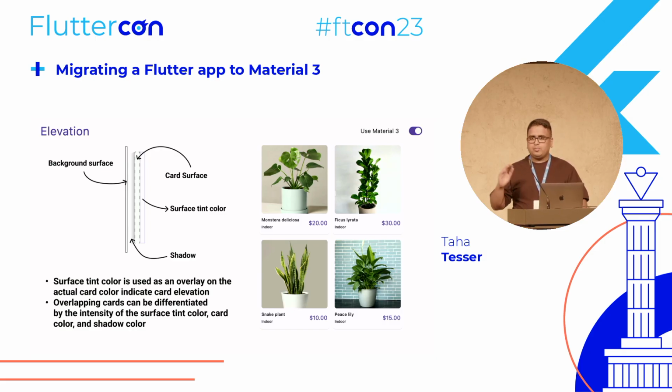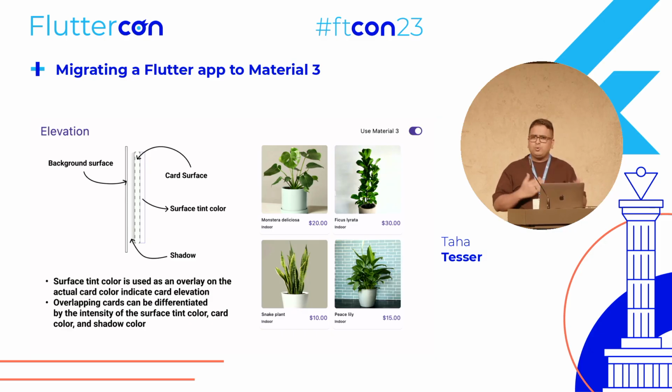Actually, in the Material 3 specs, material surface elevations are indicated by 2 factors: shadow and surface tint color. So you don't have to use shadow to indicate your card is elevated. You can also use surface color to indicate the card is elevated, which is pretty cool.